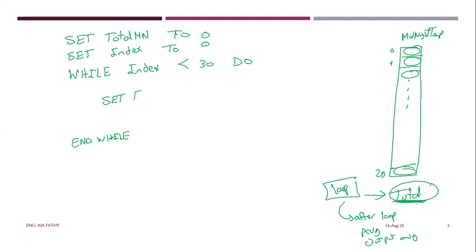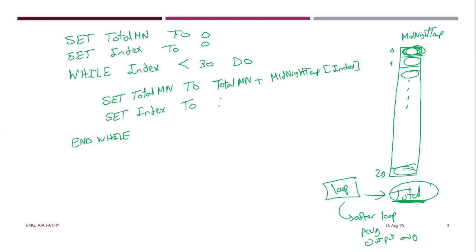So set total midnight to total midnight plus the value of the temperature, which is in the array midnight temperature of index, because we have the first item, the second item, and so on. And don't forget inside the loop to increment the index, so as not to have an infinite loop. So you have to use set index to index plus 1.